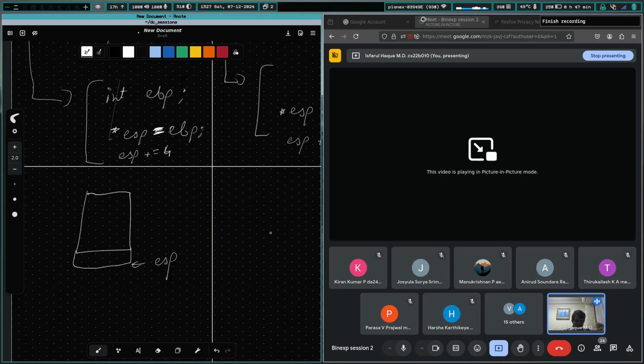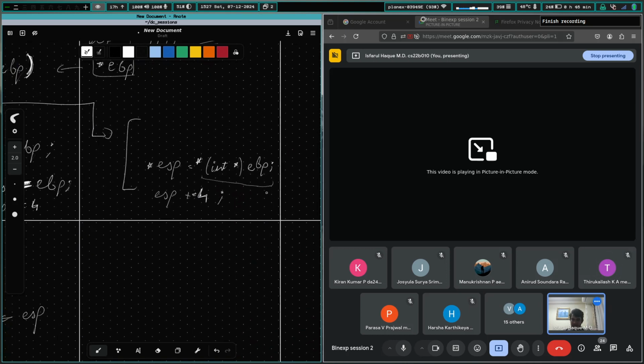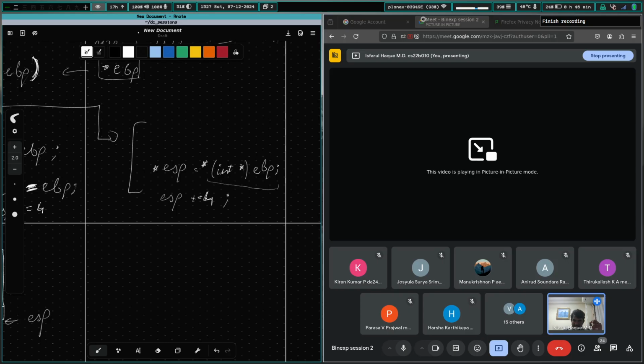Thiru Kailash, you also had a doubt. What were you saying? What does star imply here? Dereference, right? C code. You read the C guide, right? Okay, it's clear. So now this is a typecast. If you all remember the C guide, and I hope you read it properly because that was the reason I gave it to you.